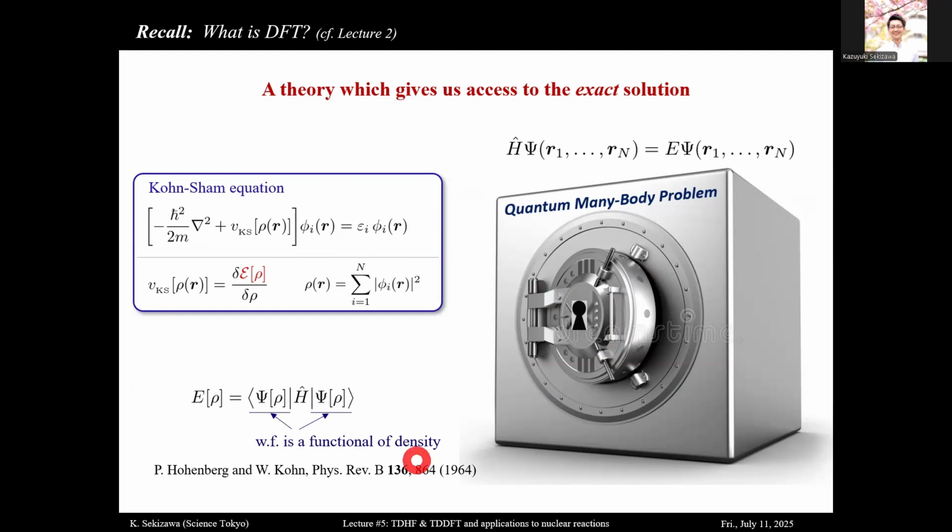And actually, according to the Hohenberg-Kohn theorem, one can show that the many-body wave function psi can be written as a functional of the one-body density rho. So any observable, which is given by the expectation value of any operator by psi, can in principle be written as a functional of density. So the energy expectation value can also be written as a functional of the one-body density.